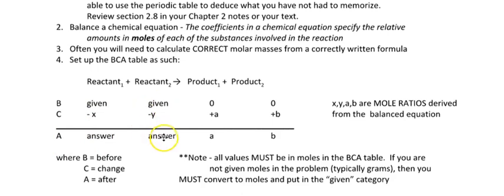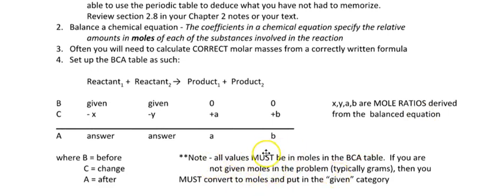Take your given minus Y, and there's another answer. 0 plus A will be A, and 0 plus B is B. So real quick, what are X, Y, A, and B? These are called mole ratios, derived from the balanced equation. If your equation isn't balanced, your numbers aren't going to be right. So this is huge, huge, huge.